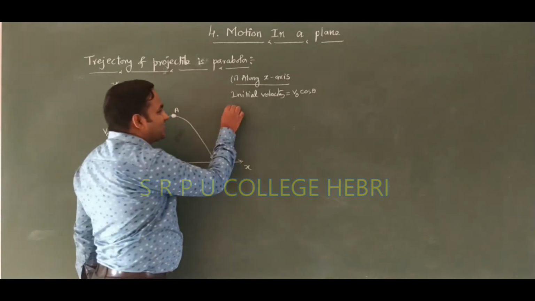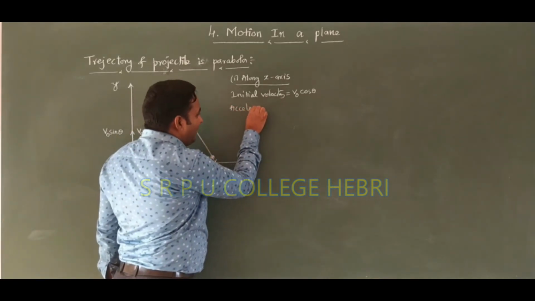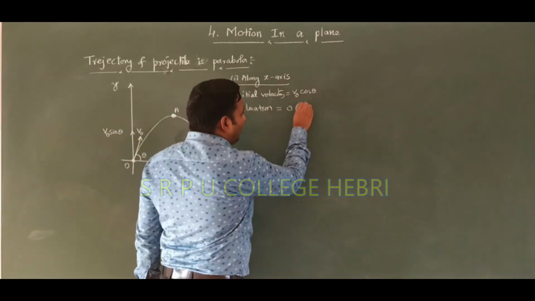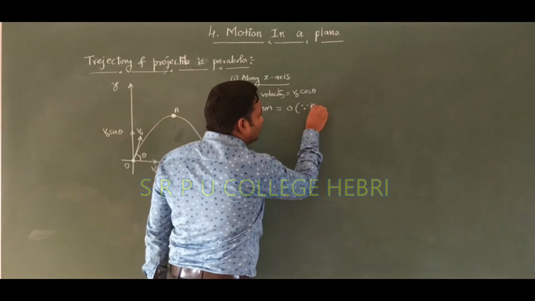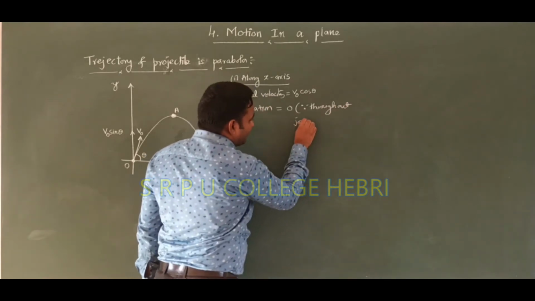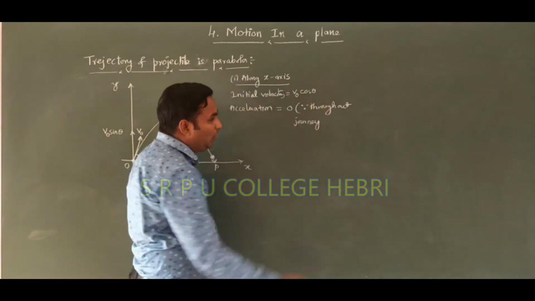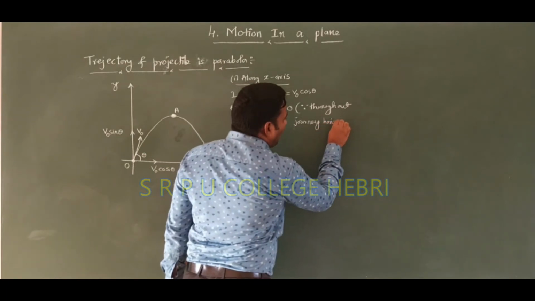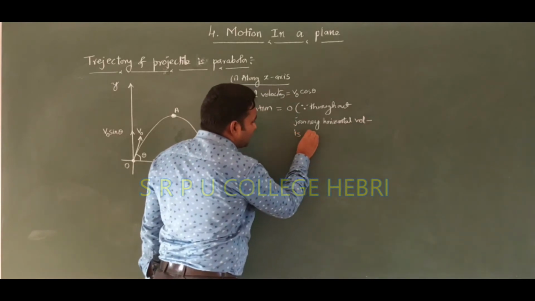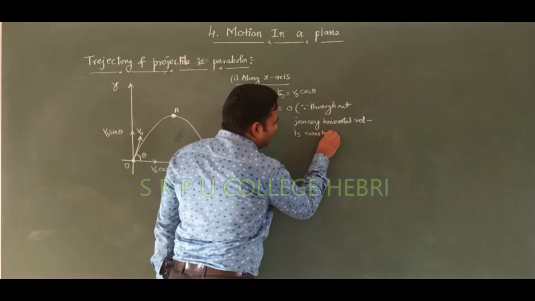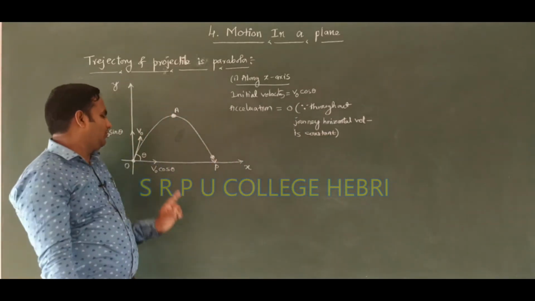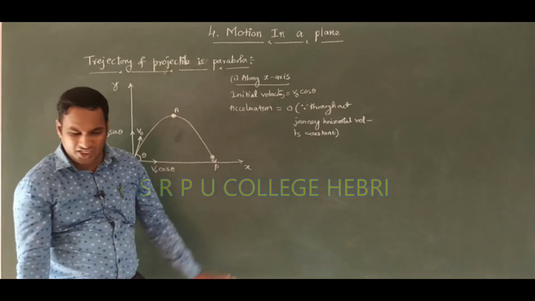That's why acceleration is equal to 0, because throughout the journey the horizontal component or horizontal velocity is constant. Horizontal velocity, which is nothing but V naught cos theta, is not going to change; it is constant.